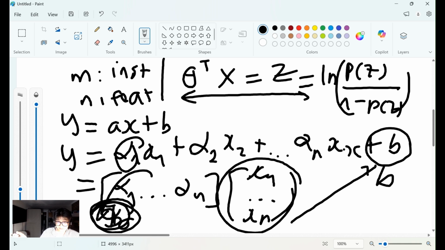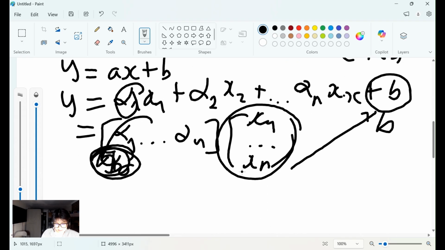So this is a product way to represent a linear relationship.